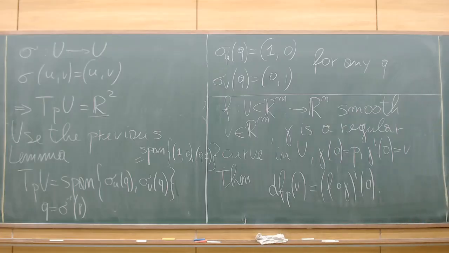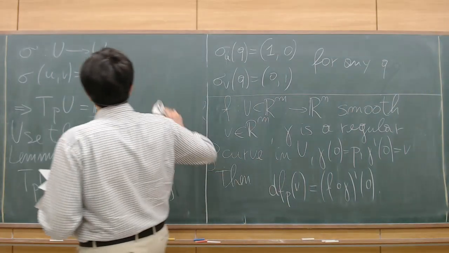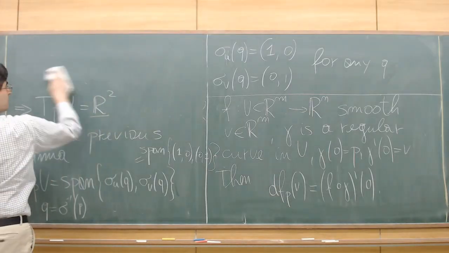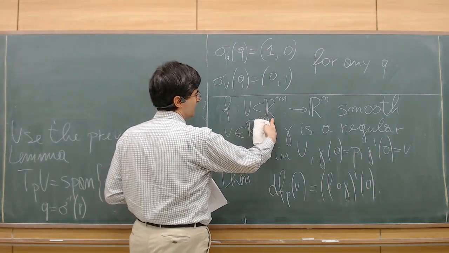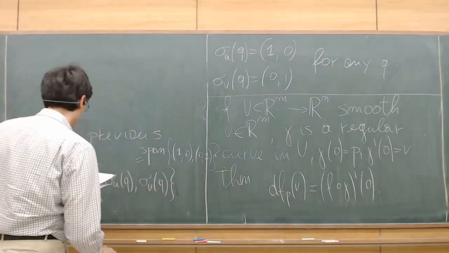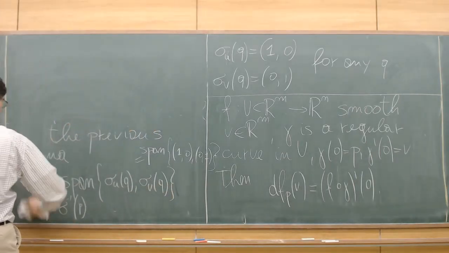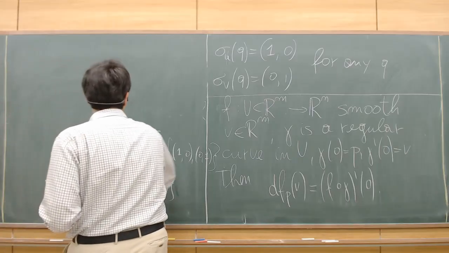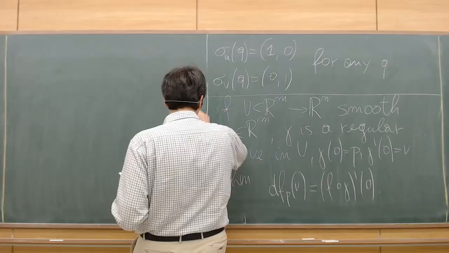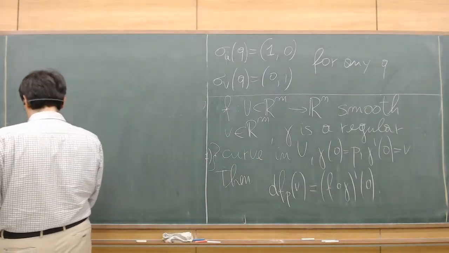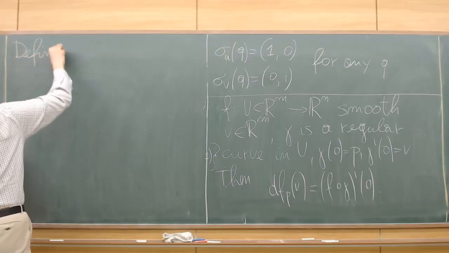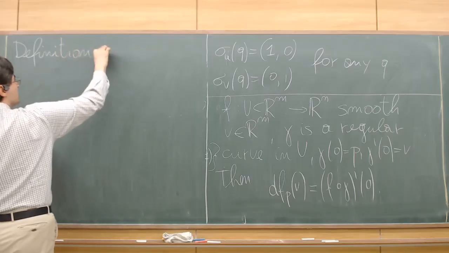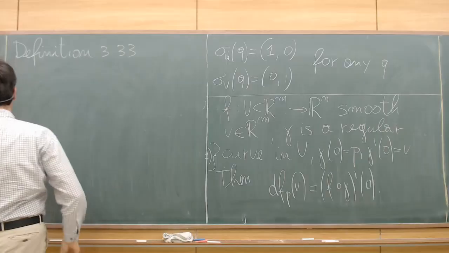Now the question we want to answer is what happens if instead of having a function defined on an open set of Rm, we have a function on a regular surface. So we can give the following definition 3.23.